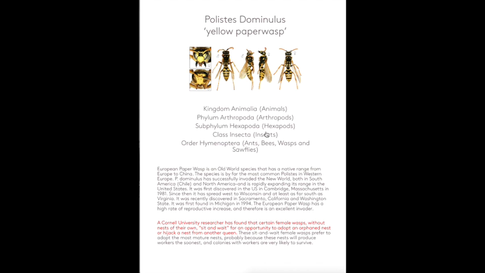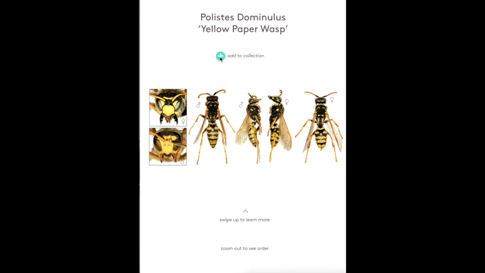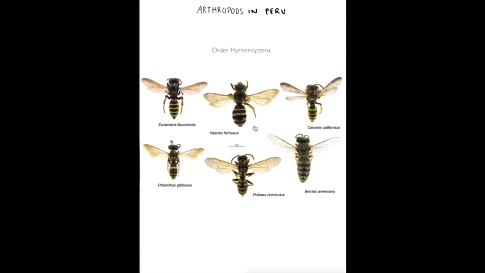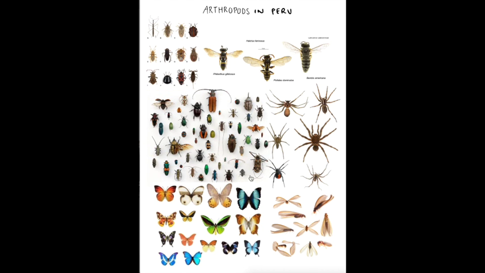If Alice wants to add this paper wasp to her collection, she would simply press the Add to Collection button. She keeps exploring and does the same process over again within the order of Coleoptera.